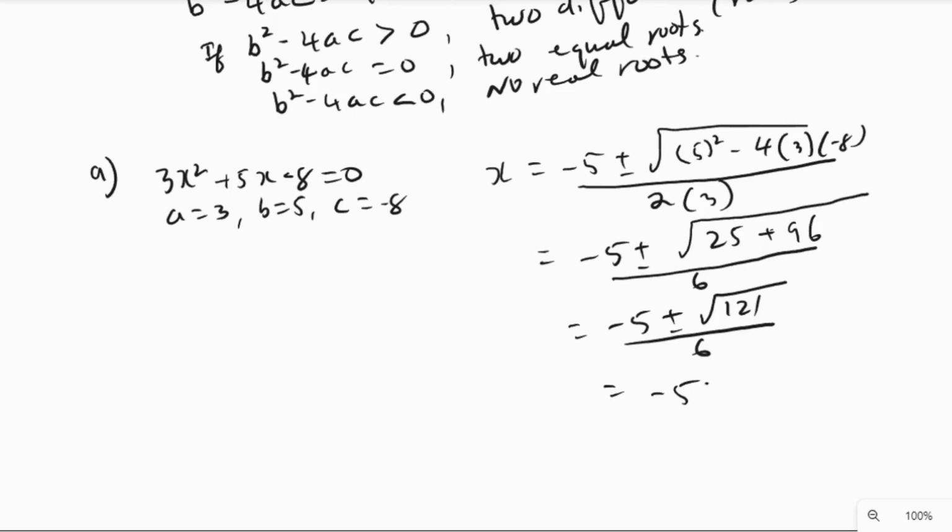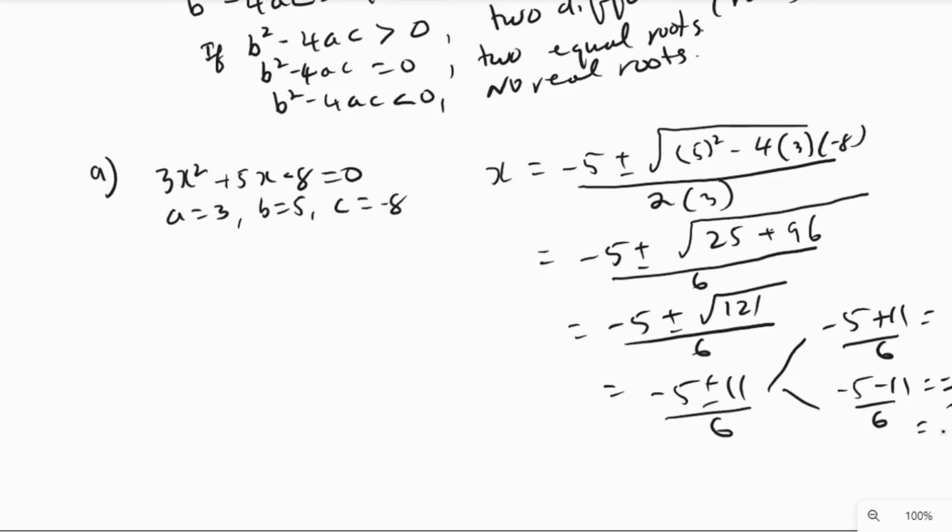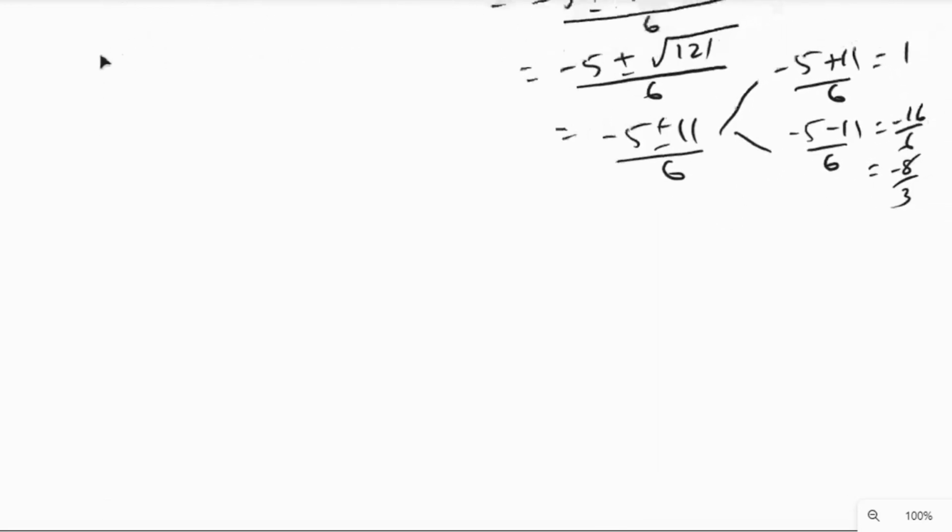Negative 5 plus minus 11 over 6. So negative 5 plus 11 over 6, which is 1. Negative 5 minus 11 over 6, which is negative 16 over 6, or negative 8 over 3. These are the solutions we have. So we are done with this.